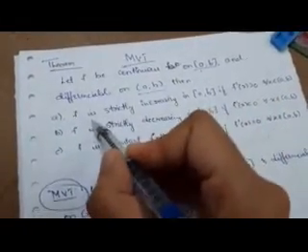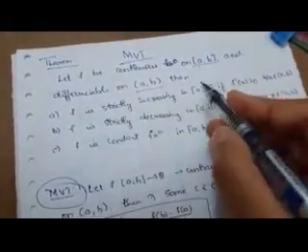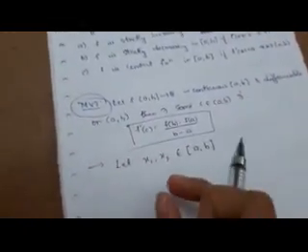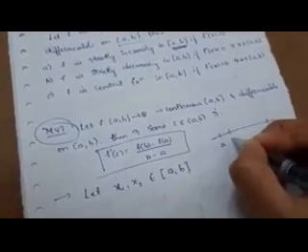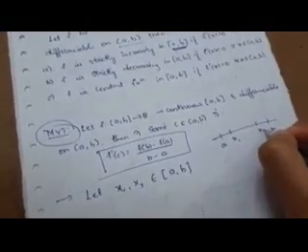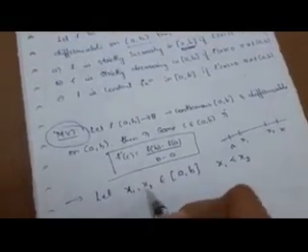Because we need to prove that f is strictly increasing in this closed interval, so I have taken x1 and x2 belonging to it. If this is a and this is b, then somewhere here is x1 and somewhere here is x2, where x1 is strictly less than x2. This is how I am taking the points in the interval a comma b. So now we have two points in this interval.